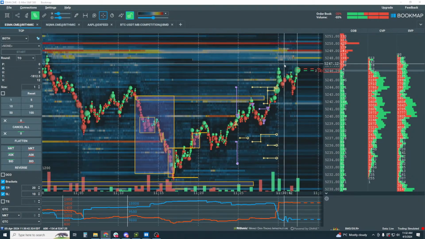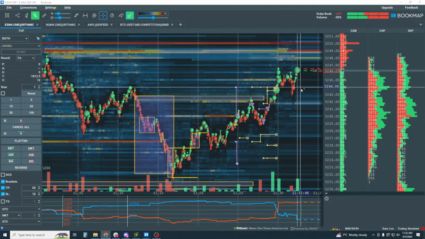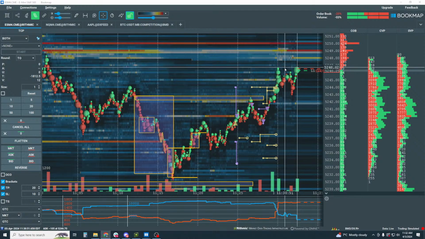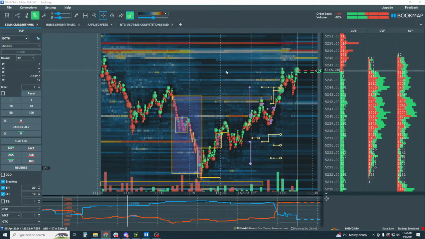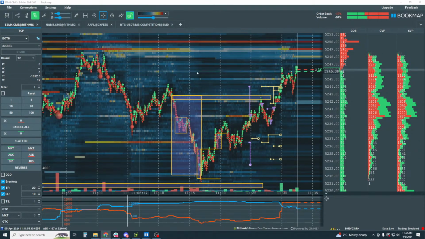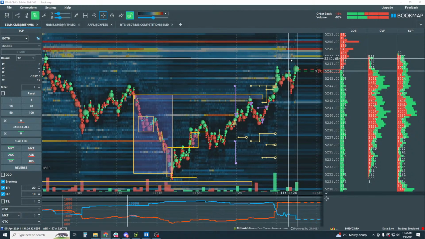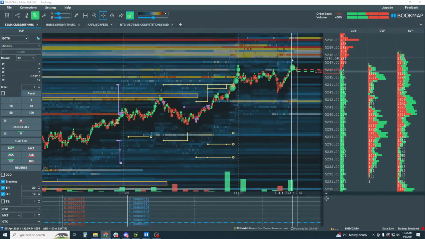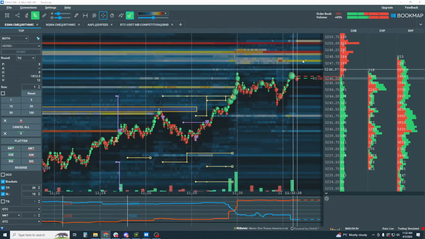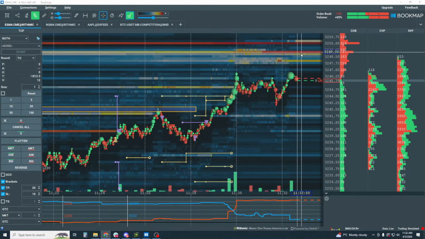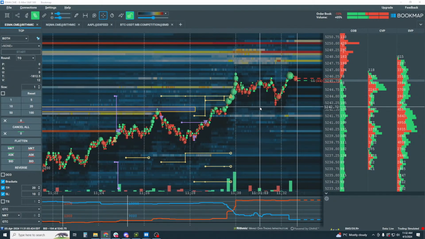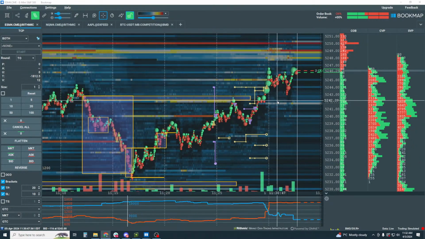Yeah, God, I really want to demo this scaling, but just didn't get quite the opportunities here. See if we can get. Well, we do see a possible continuation pattern here.